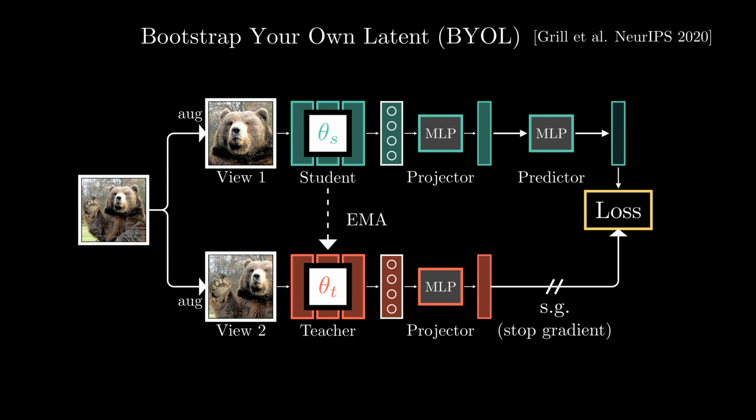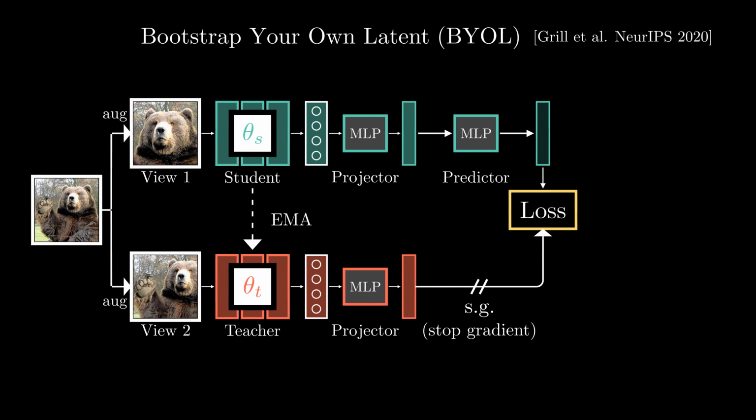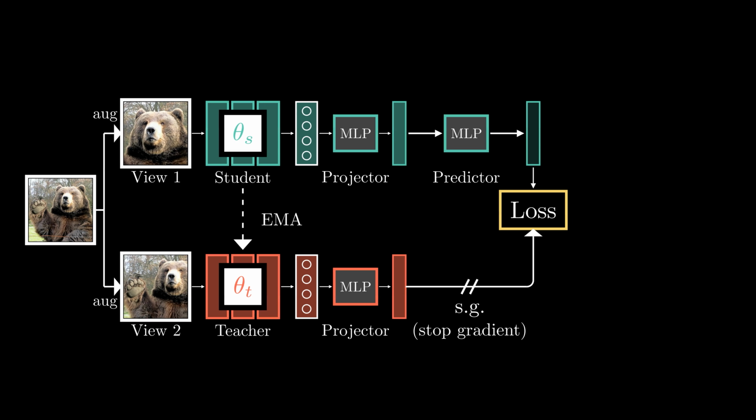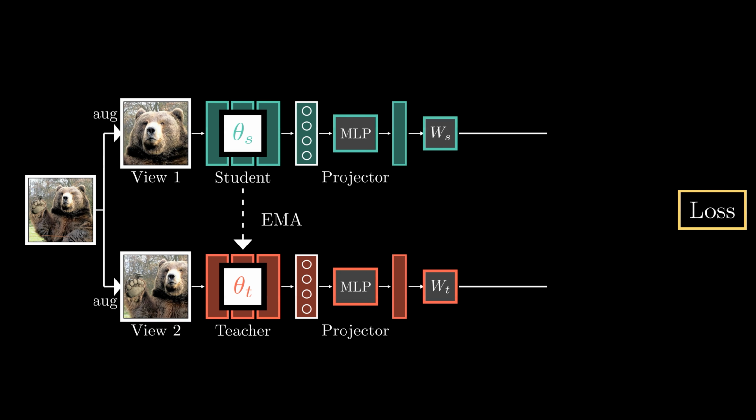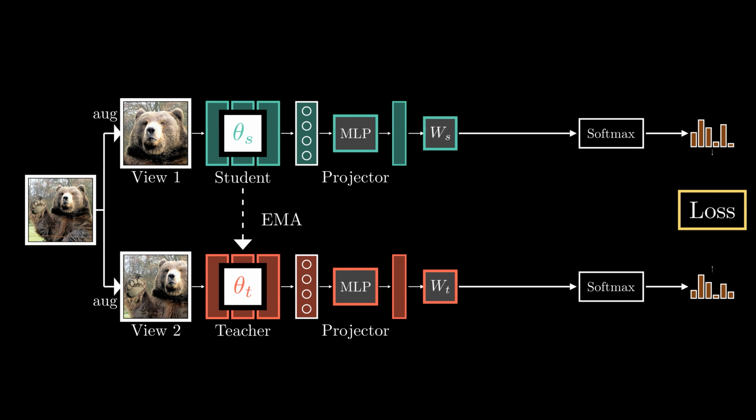The next question is, can we simplify this further? Let's first remove the additional prediction head from the student branch. Instead of matching a raw embedding vector in the representation space, we first apply a linear projection, then a softmax, converting the teacher's output into a probability distribution.